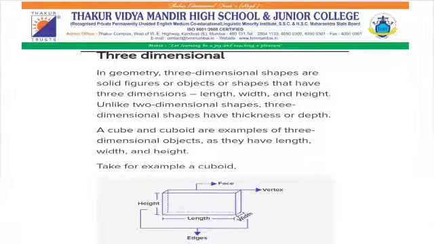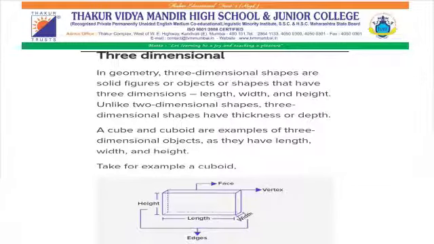Yes, let us see three dimension. In geometry, three-dimensional shapes are solid figures or objects or shapes that have three dimensions. That is, they will have length, width, and height. Two-dimensional shapes have length and height, but their thickness or depth is very less. That is, it may be negligible.